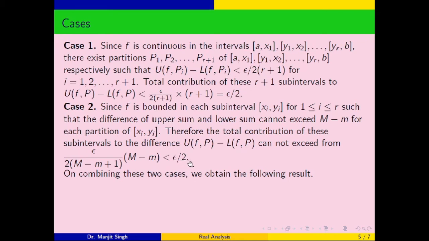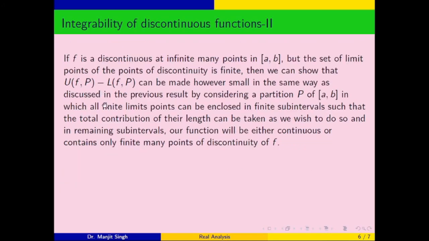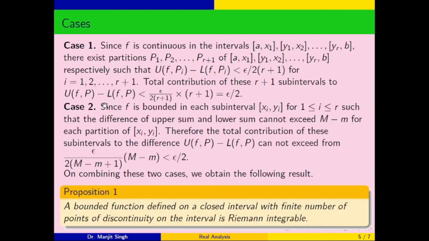So by adding these two contributions to U(f,P) minus L(f,P), we get the following result: the total contribution of these two types of subintervals, which make a complete partition P, cannot exceed epsilon.